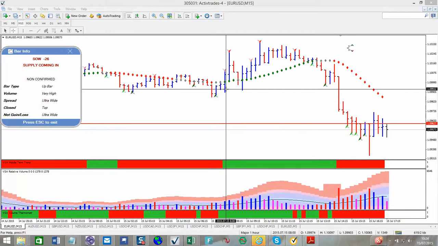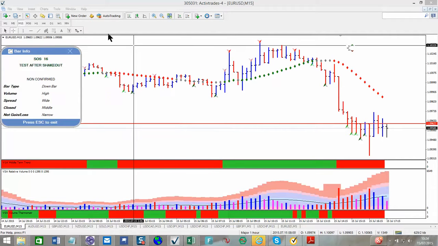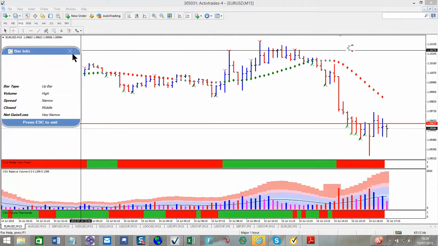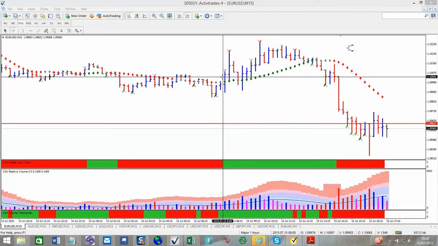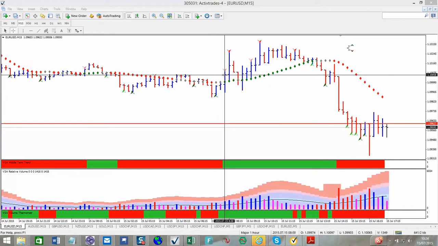So we've got very high volume. We've got an ultra wide bar. So for me, again, this is climactic action, because if all this was strength, then it wouldn't be closing where it is.